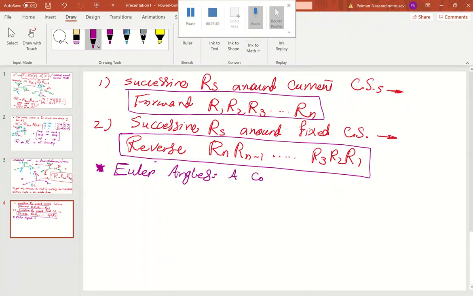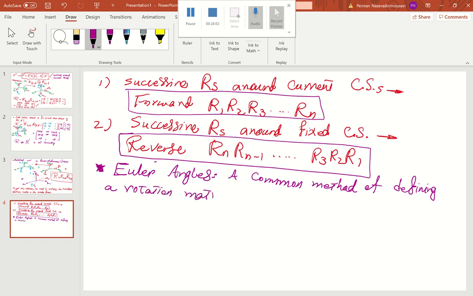It is a common method of defining a rotation matrix in terms of three independent quantities.